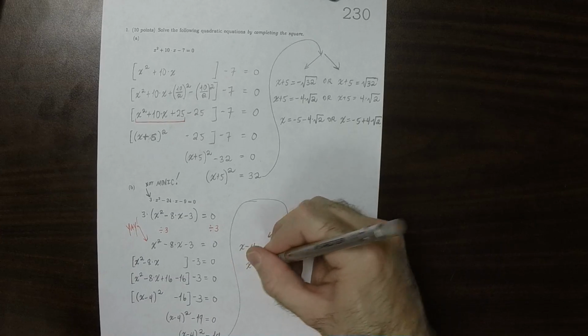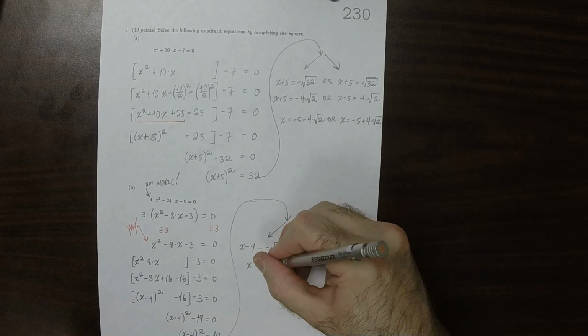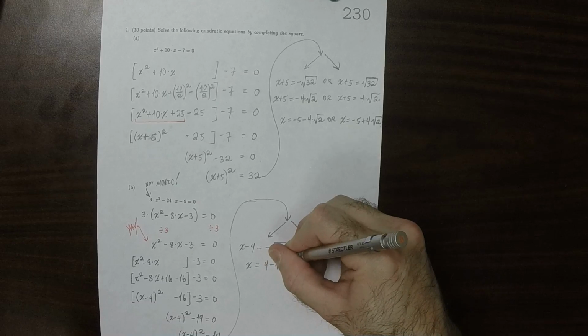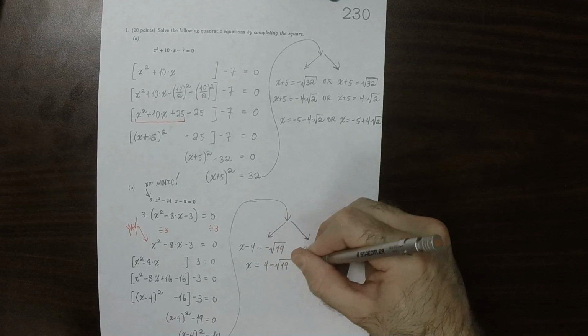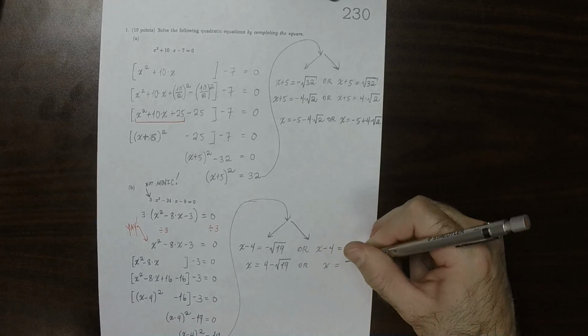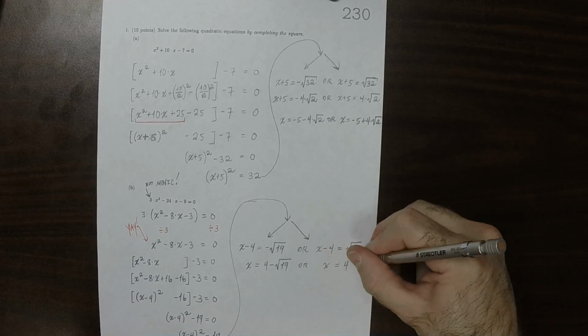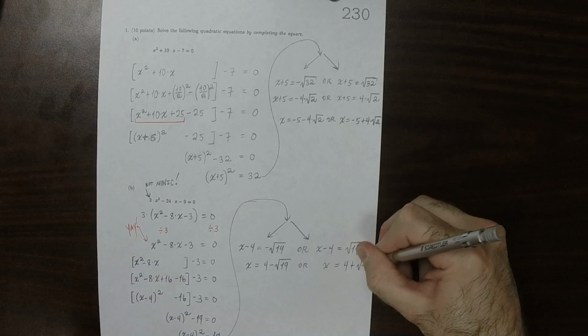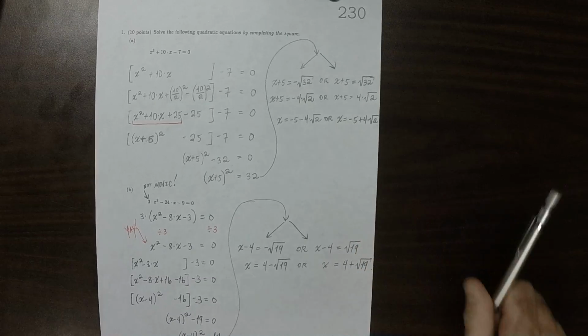So x could be 4 minus square root of 19, or x could be 4 plus the square root of 19.